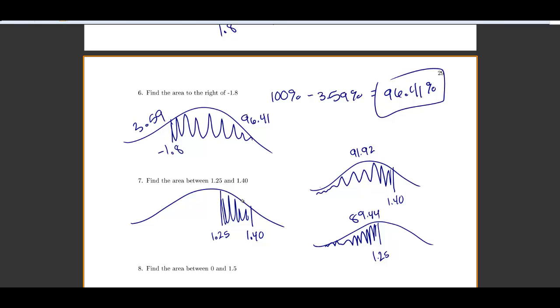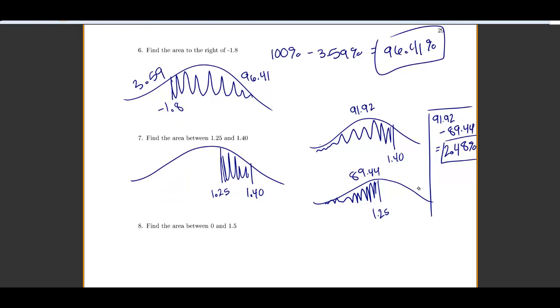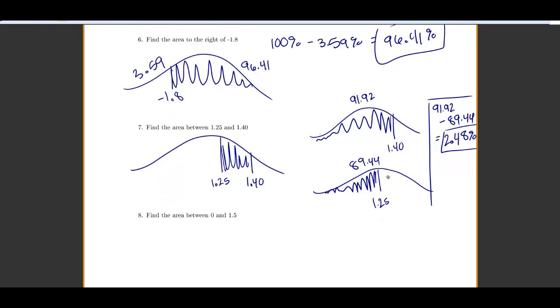We're going to subtract. 91.92 minus 89.44 gives me 2.48%. And that's my final answer. So again, if you want the area in between two numbers, you just subtract their two individual probabilities, or their two individual areas. And that will give you the area in between.